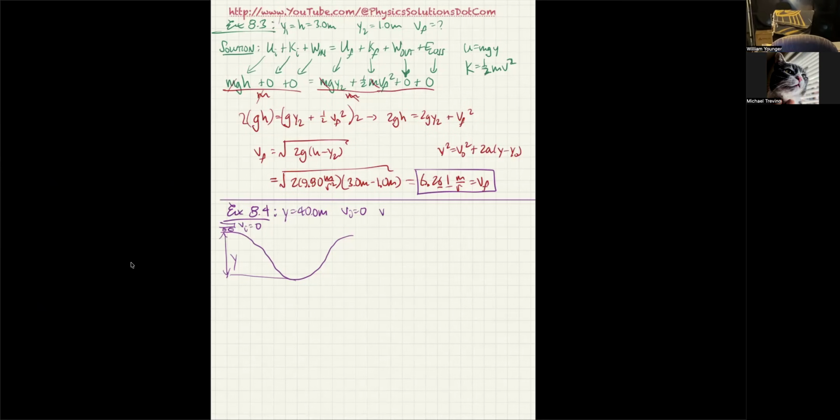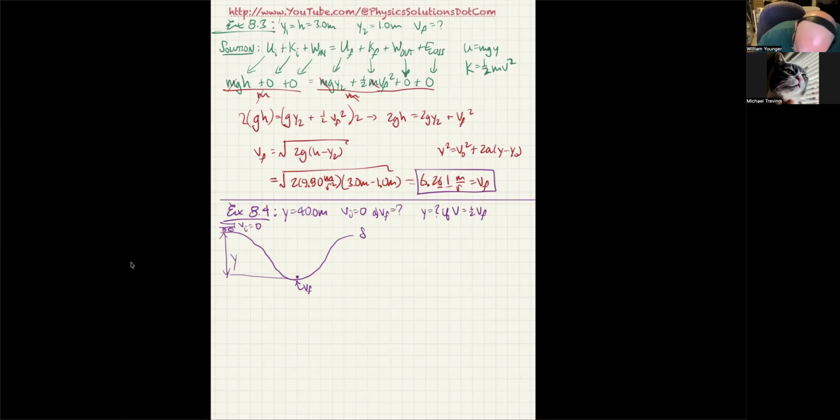So we want to know V final for part A equals question mark. And right here is the V final for part A. And then part B, they wanted to know at what height it will have half the speed. So y equals question mark if V equals 1/2 V final.